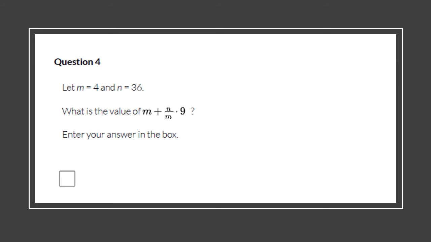Okay, so this one says let m equal 4 and n equal 36. What is the value of m plus n divided by m times 9? So this one I've got to plug in a couple different things. I'm going to plug in m here, so that's 4.